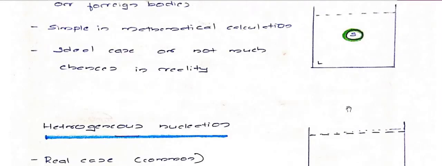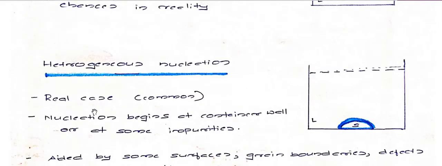Now let us see what heterogeneous nucleation looks like. It is more real, and in a real case we will have heterogeneous nucleation. It is more common, and it will originate from impurities. If there are any impurities, nucleation will immediately happen around them, or on the wall surface.